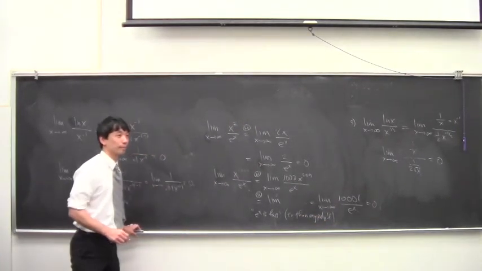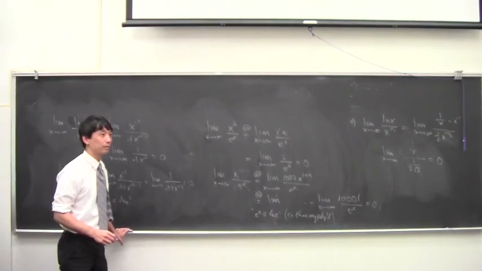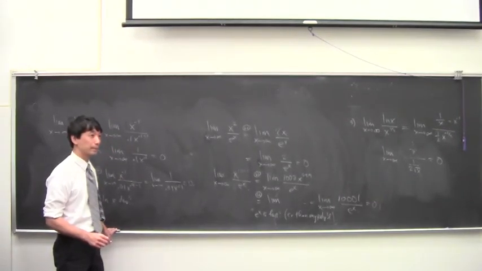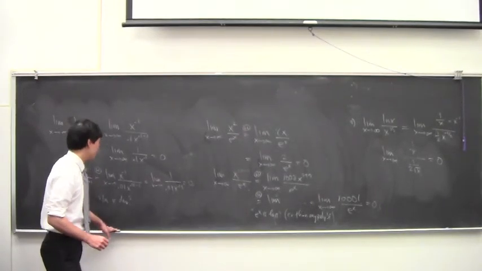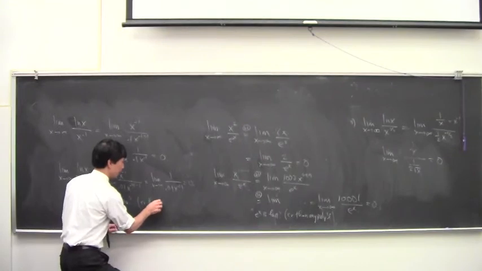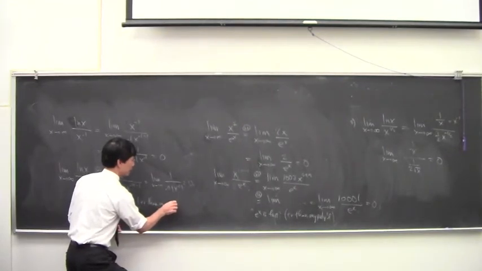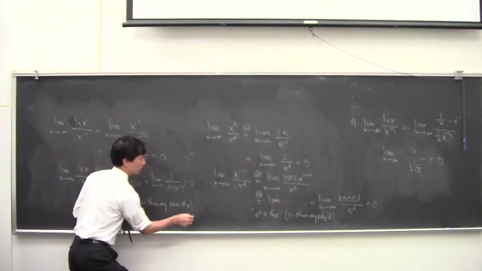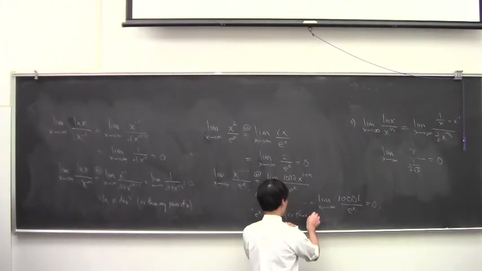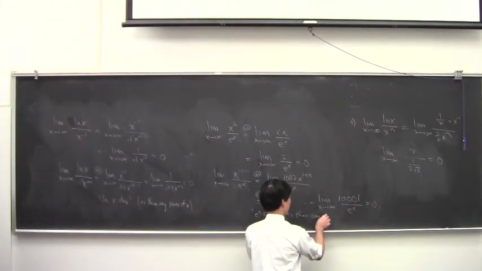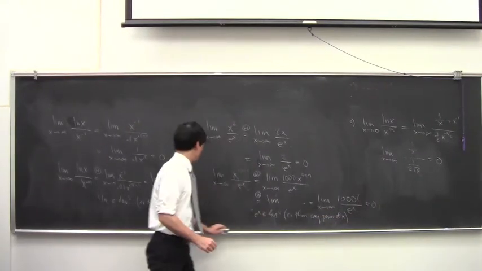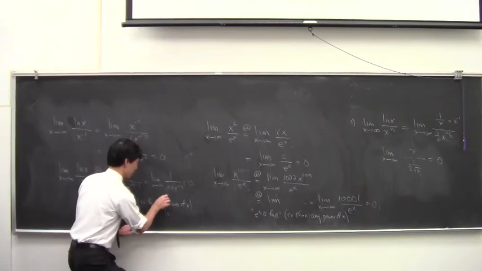But when you say natural log x is slow and loses to everyone, are you saying it loses to any polynomial? Well, it's actually slower than any positive power of x.